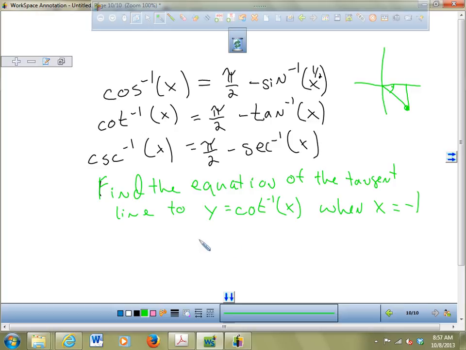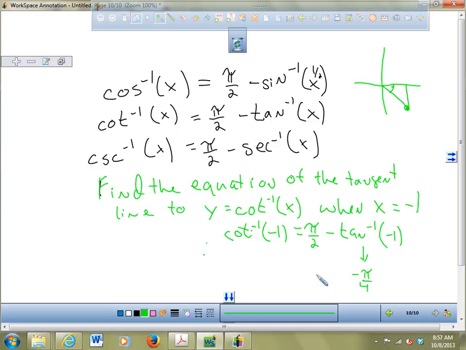So when x is -1, inverse cotangent of -1 is equal to pi over 2 minus the inverse tangent of -1, which is negative pi over 4.